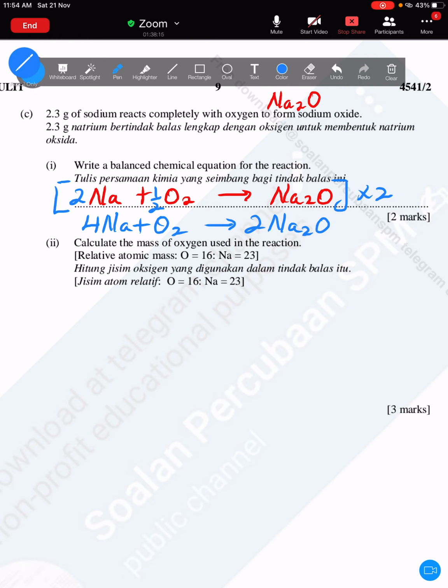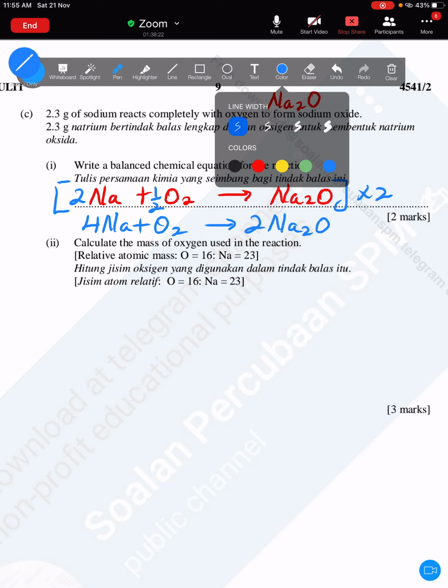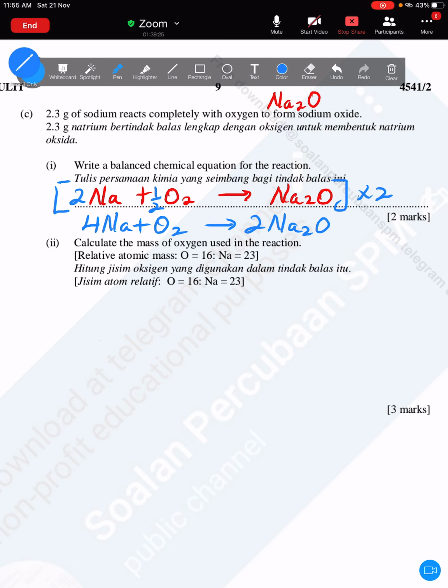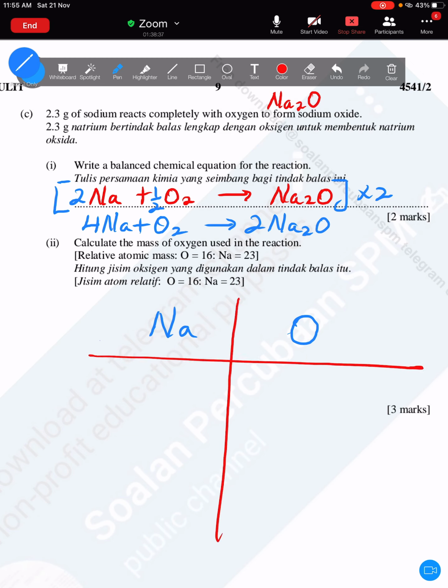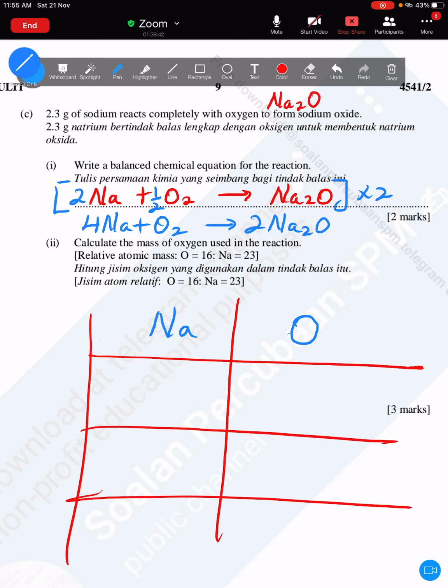Calculate the mass of oxygen used in the reaction. This is your periodic table. Empirical formula. How to do the empirical formula? Let me teach you. You have the Na, then the O. Remember, in empirical formula, the sequence should be mass, then you calculate the mole, and finally you know the ratio.